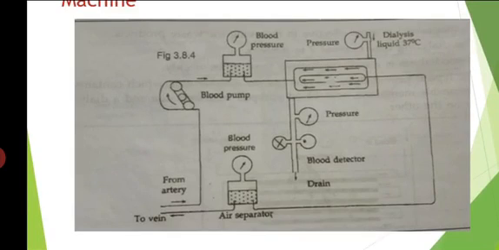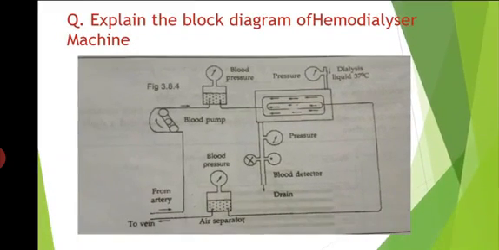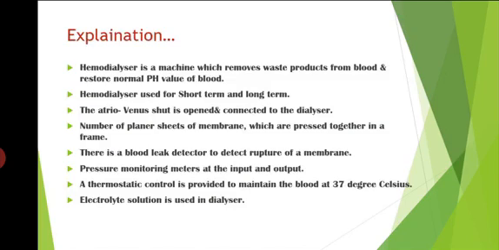During this process, if air bubbles are mixed into the blood, then that air is separated in this air bubble separator. Then, with the particular pressure only, the blood is given back to the body. So this is the explanation of the hemodialyzer.